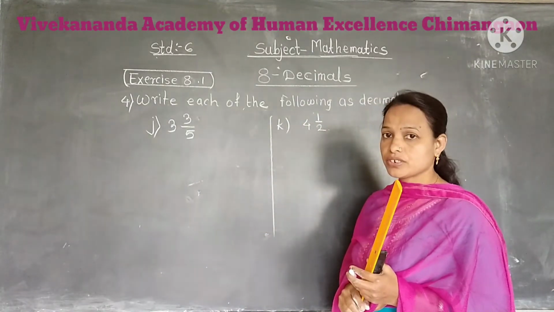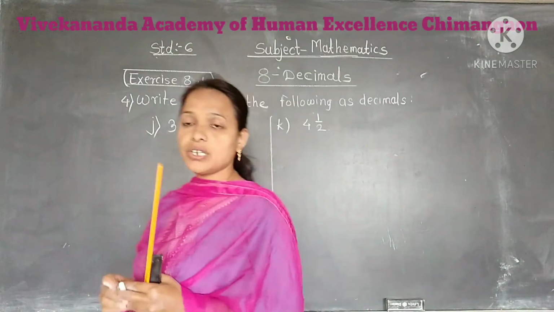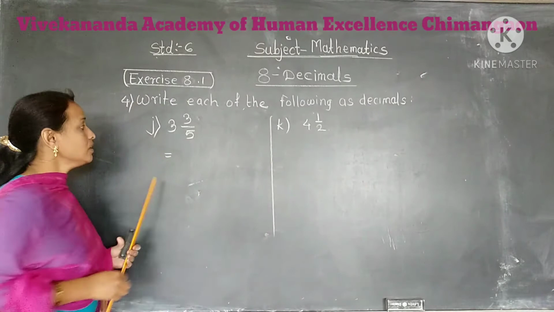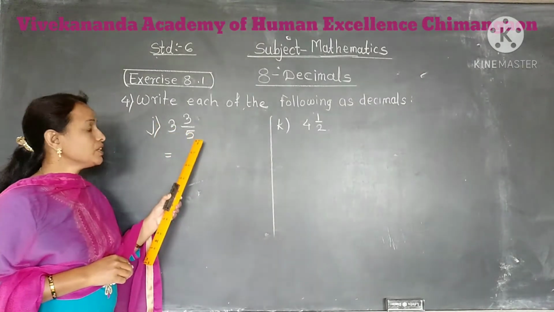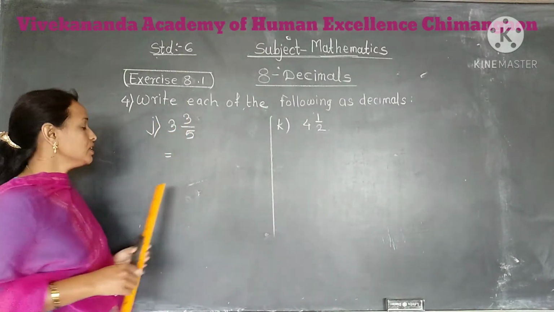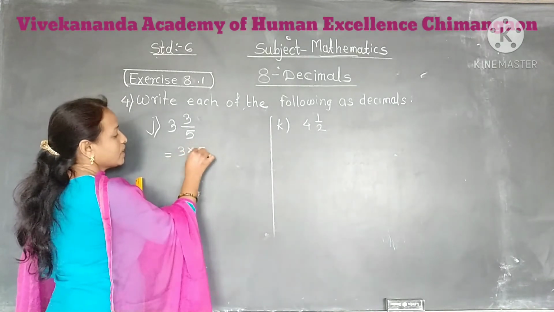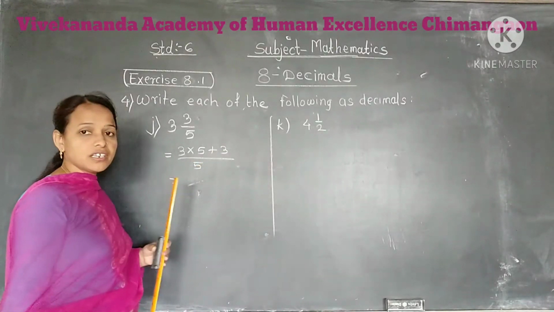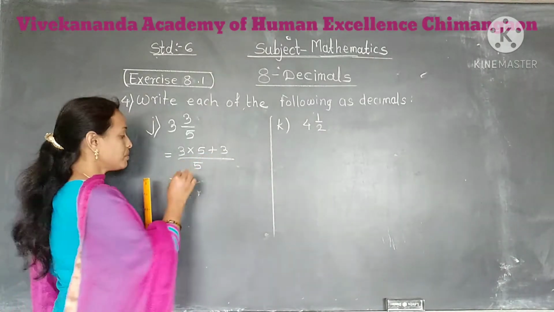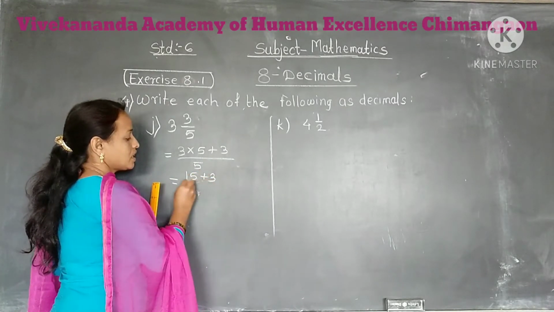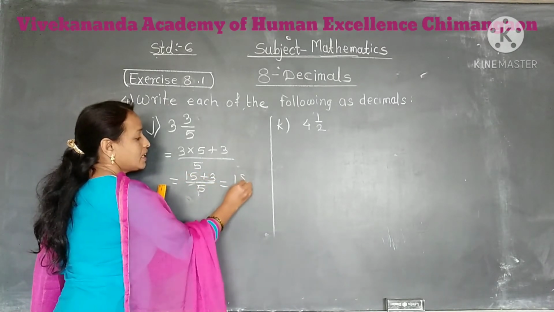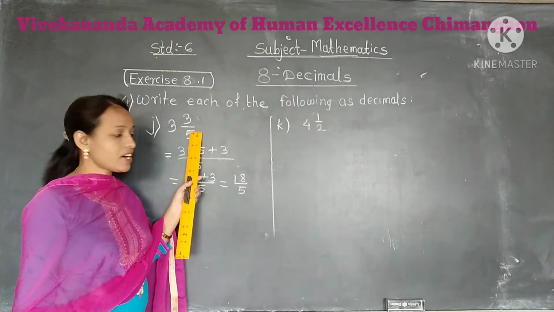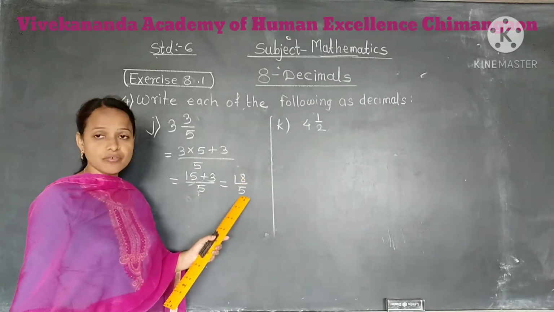Next example, 3 3/5. This is a mixed fraction. So first we will convert it into an improper fraction. We multiply whole number 3 with the denominator 5 and add numerator 3. 3 fives are 15, 15 plus 3, 18 upon 5. So we convert the mixed fraction 3 3/5 into the improper fraction 18 upon 5.